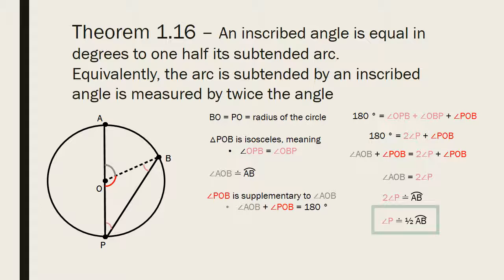So in other words, the inscribed angle P, inscribed meaning that it's on an actual point on the circle, is equal to 1/2 its subtended arc.